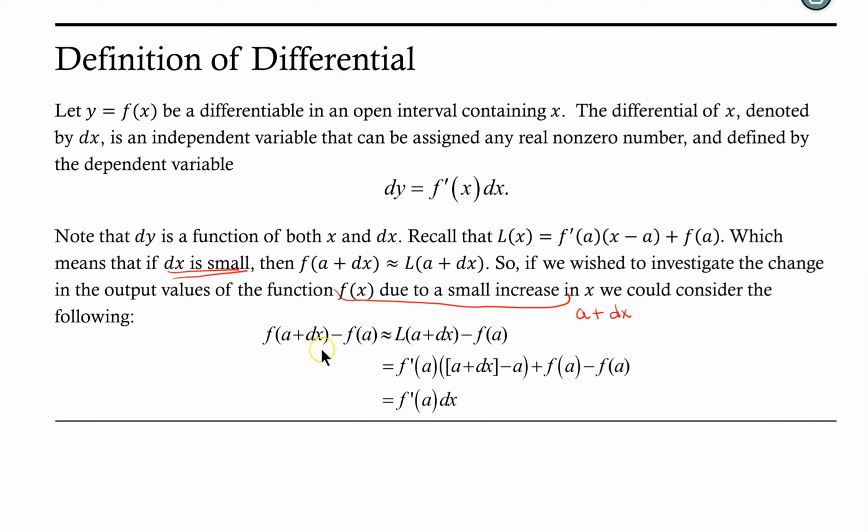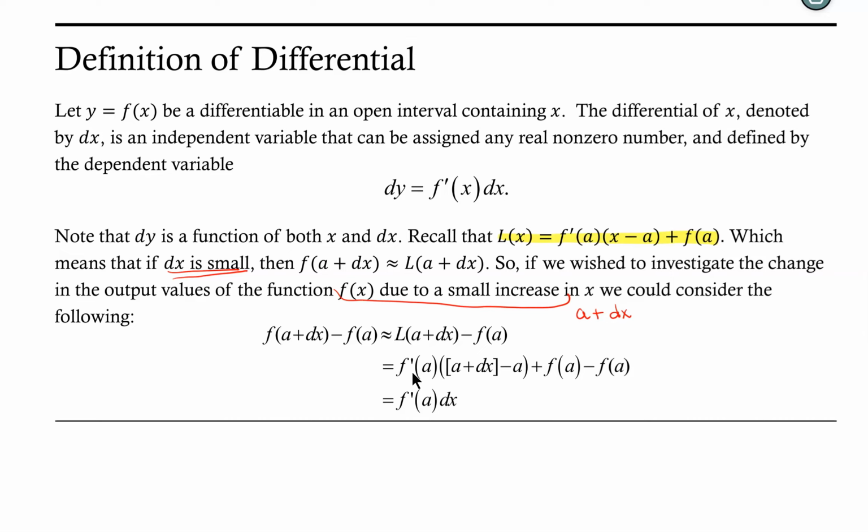Now we can say that f of a plus dx is approximately equal to L of a plus dx, using this information here, minus f of a. Well, L of a plus dx is defined using this linearization.